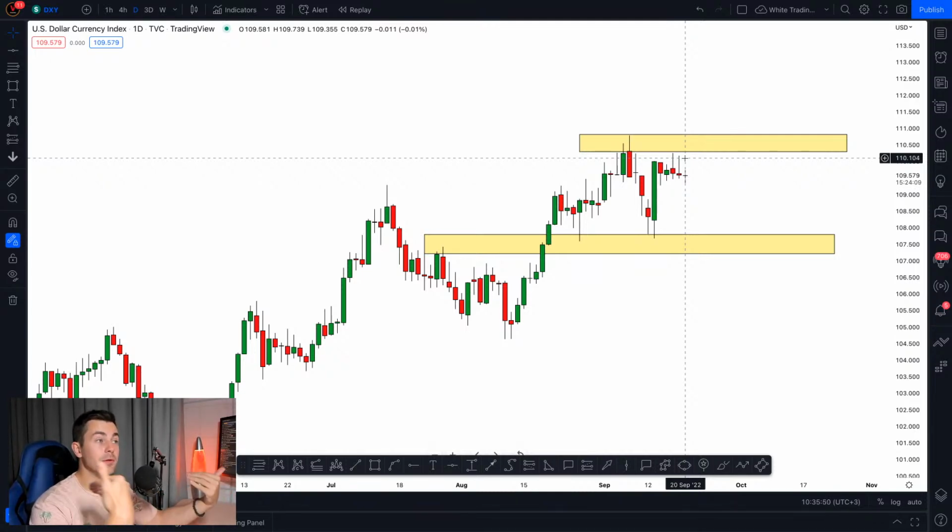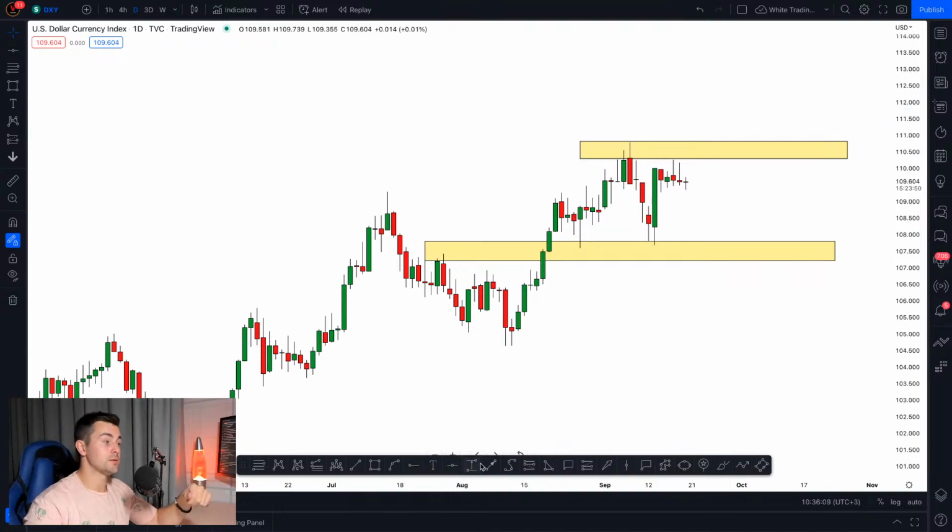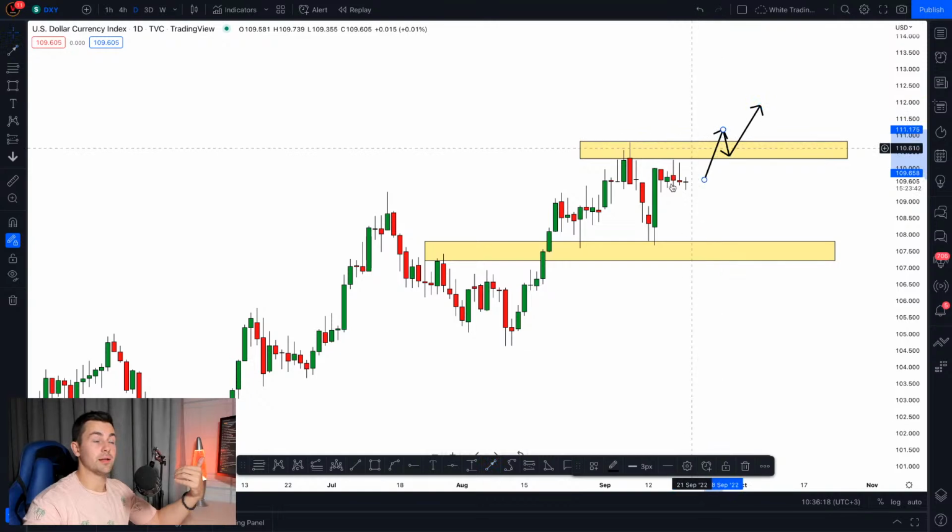But of course, because we are trading in a bullish trend, probabilities are on the bulls' side. As we know, traders, the trend is always our friend, and probabilities are higher that the price will set a new high again. So monitor the reaction to that resistance. If we close above that on the daily, then we will most likely keep growing.